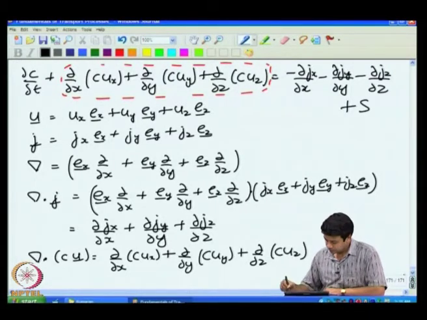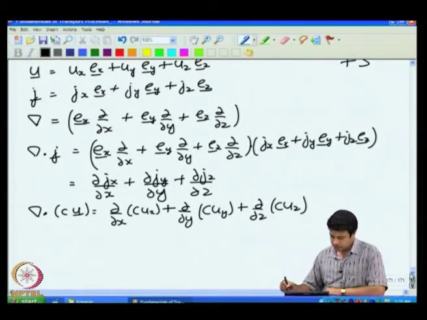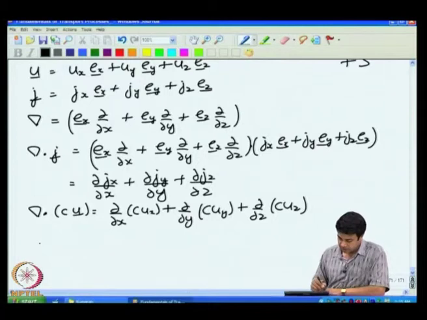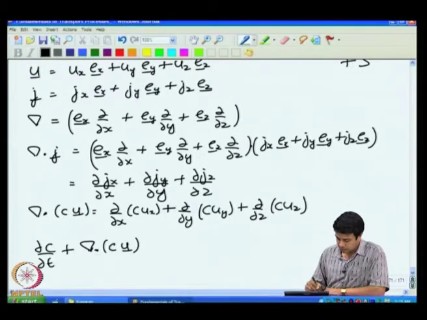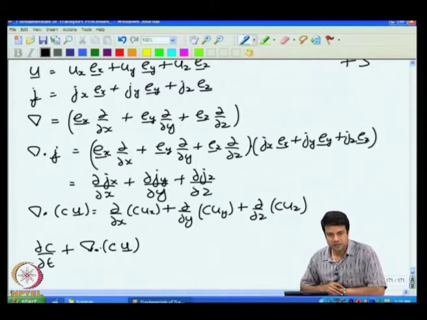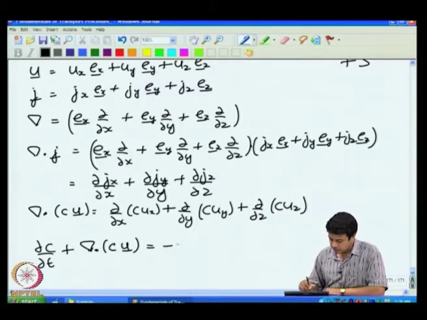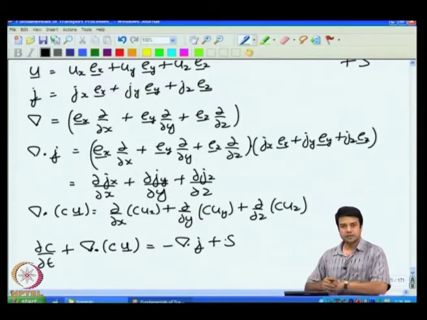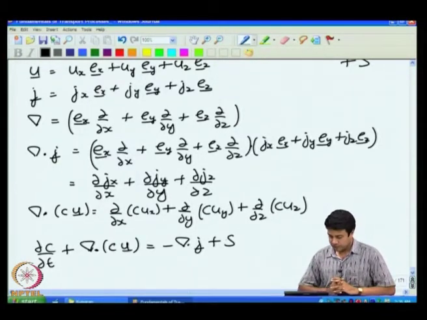Okay. So, if I use these, then the equation gets considerably simplified. The equation is just dc by dt plus del dot c times u. Okay. Note that this operator is acting on both c and u, is equal to minus del dot j plus any sources that are present. Okay. So, for a 3-dimensional system, this is the equation for the concentration field.